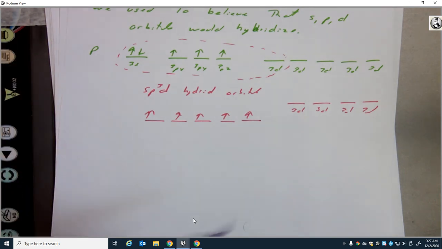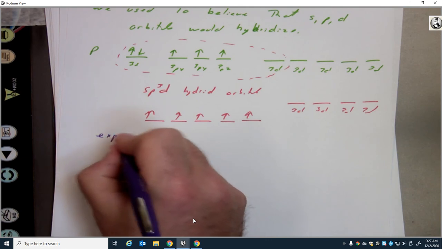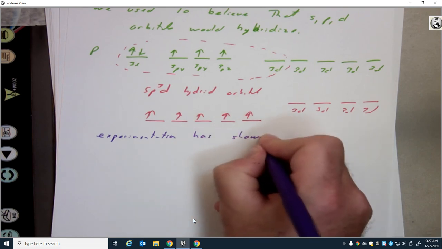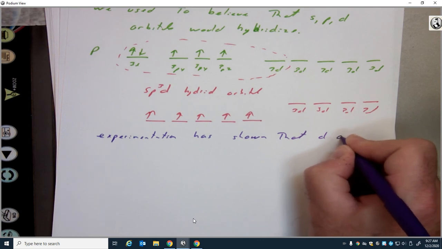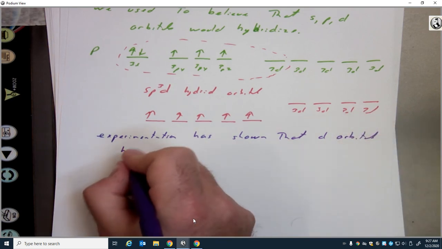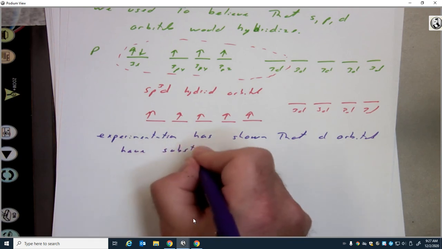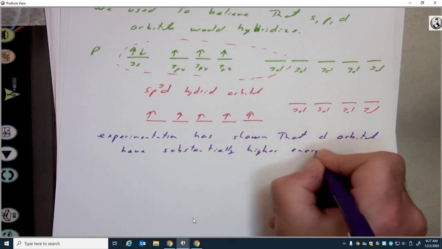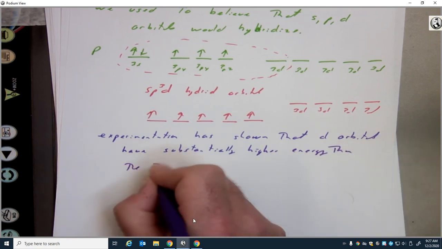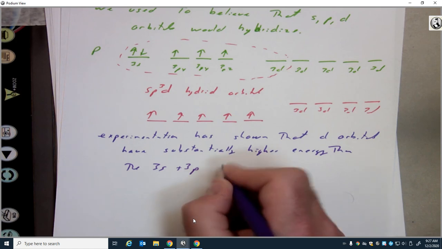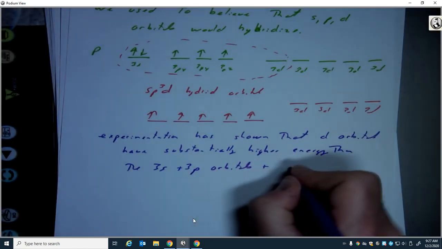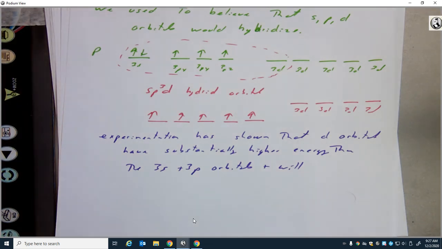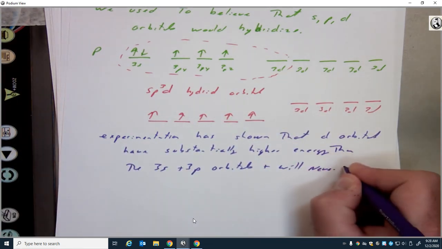So experimentation has shown that d orbitals have substantially higher energy than the 3s and 3p orbitals, and will never hybridize.